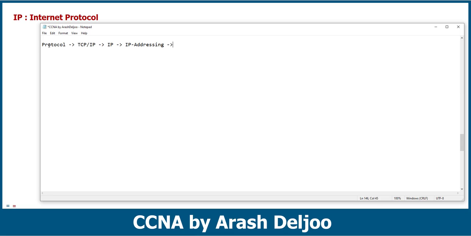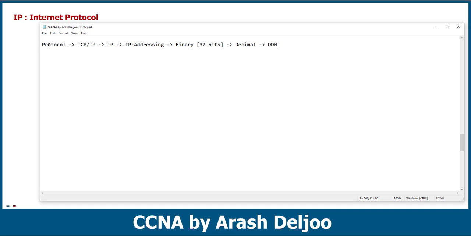After that, we learned about IP addressing, and we know that the IP address is an address in binary format with 32 bits length. And now we can convert this binary IPv4 address to the decimal value. We call it DDN, or dotted decimal notation.